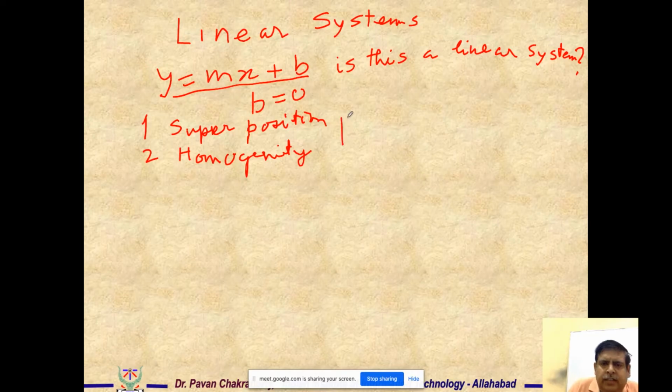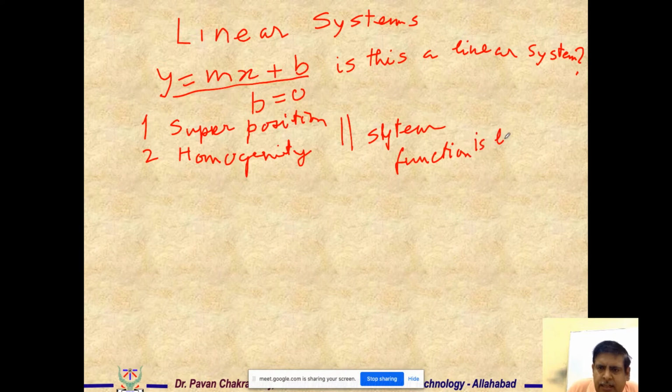So if these two conditions are met, then we say my system or my function is linear.